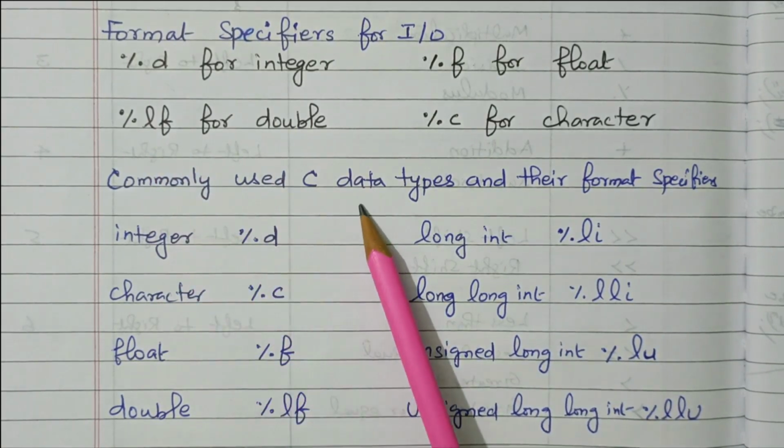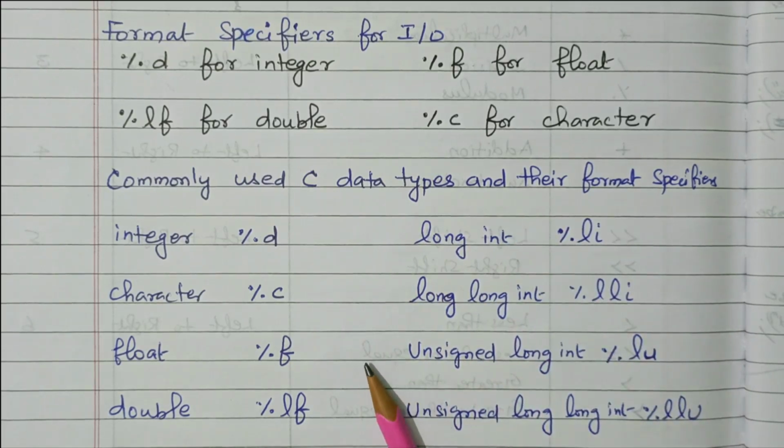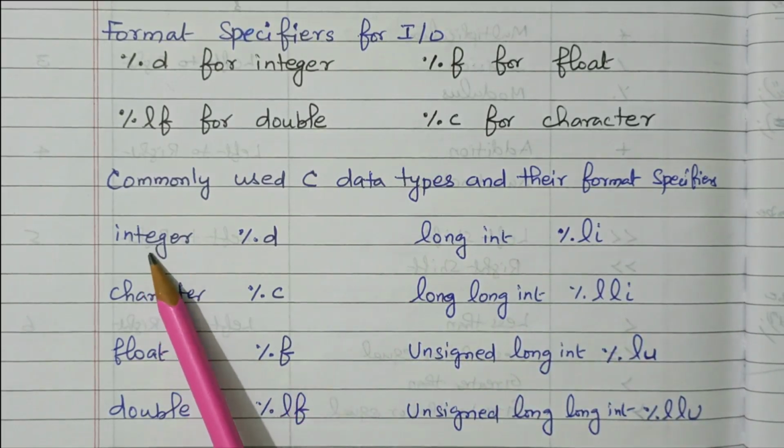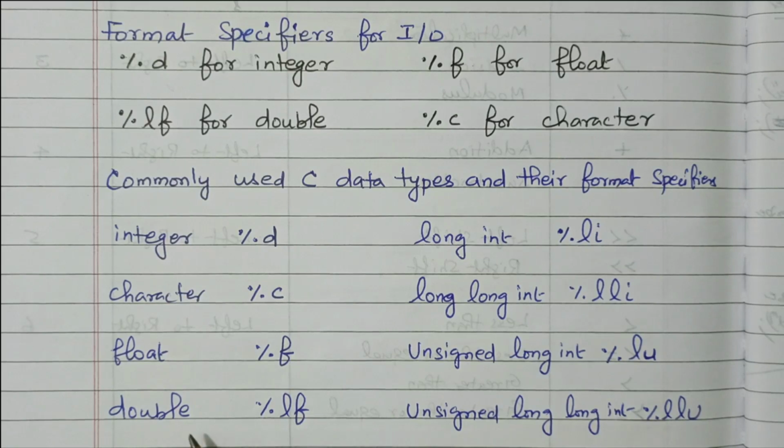Then the commonly used C data types and their format specifiers. Further classifications are available. Integer %d, character %c, float %f, double %lf.